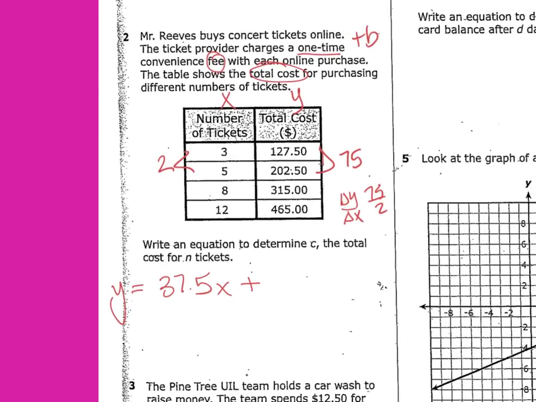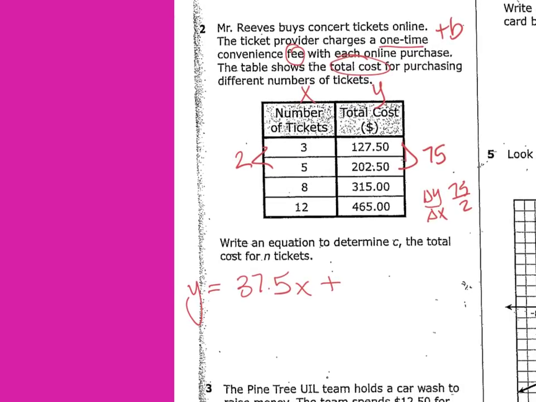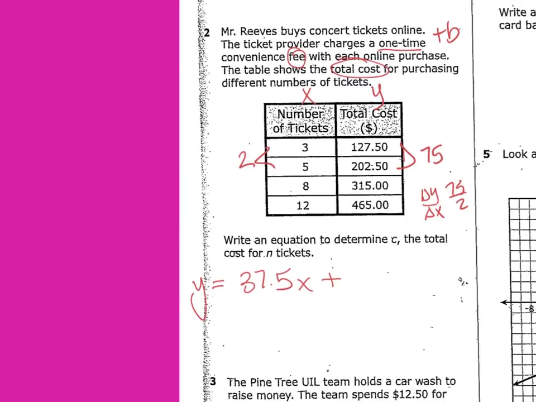So remember, to do that, we can use any of these points in our table. Okay, so any x value and any y value. So that's what I'm going to do kind of over here. So y equals 37.5x plus something. So I'm going to pick 3 for my x value and 127.5 for my y value.